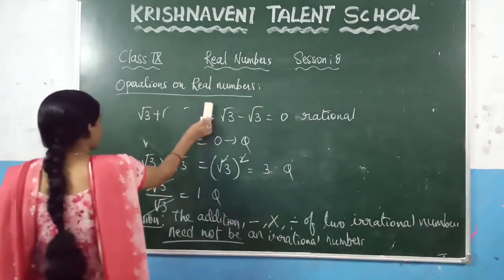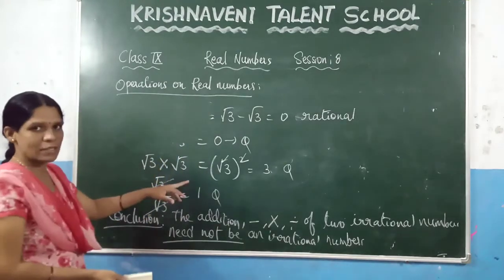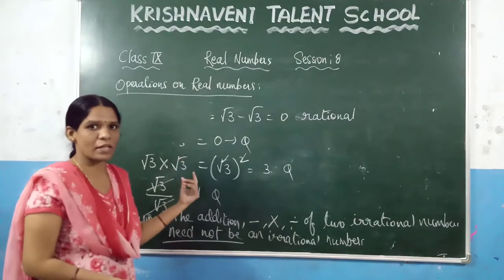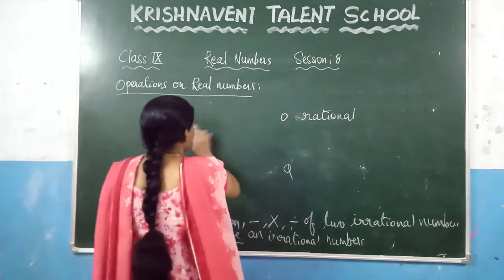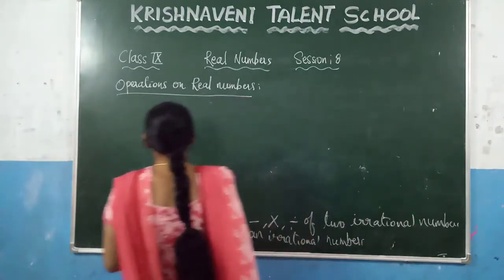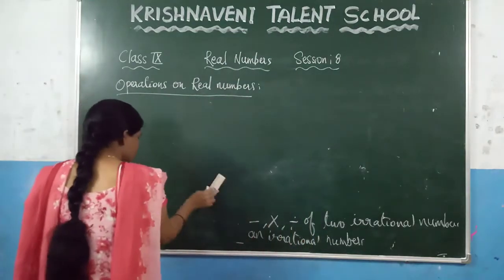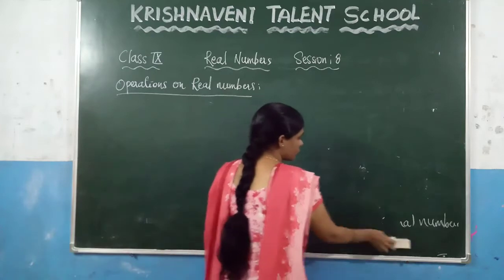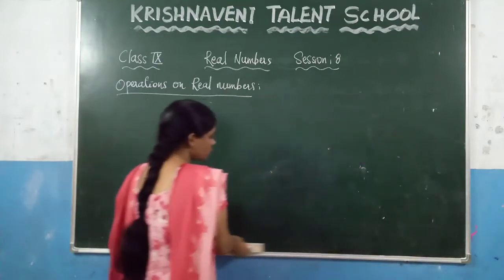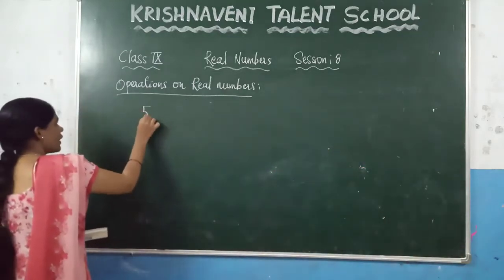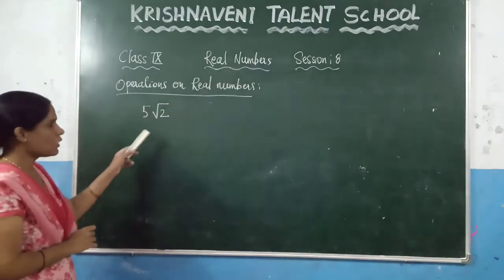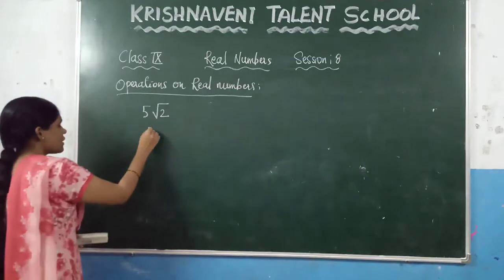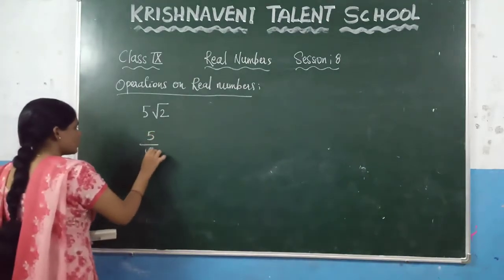Here we took both as irrational numbers. Now let us consider one number as rational and one number as irrational. Now check that one. Consider 5 root 2. This 5 is rational and root 2 is irrational. Consider 5 by root 2.